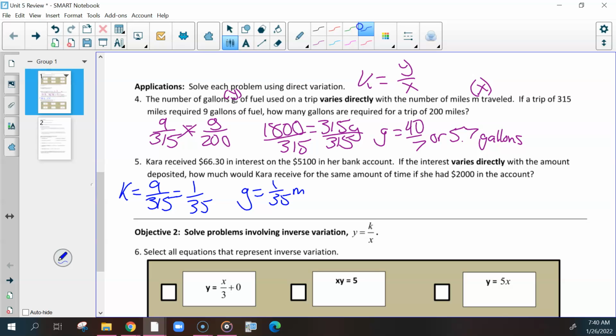So for the second part of this question, we're looking for g when m is 200. And you would get that same answer, that 40 over 7 or that 5.7 gallons. Questions on that one or any others in objective 1?